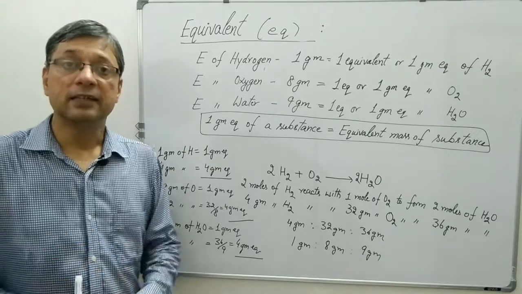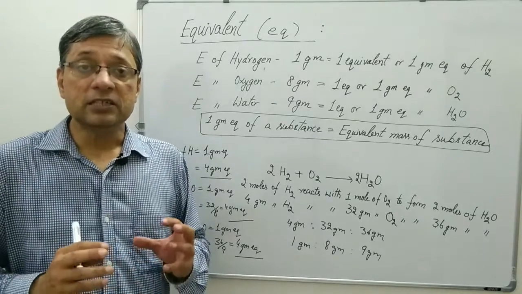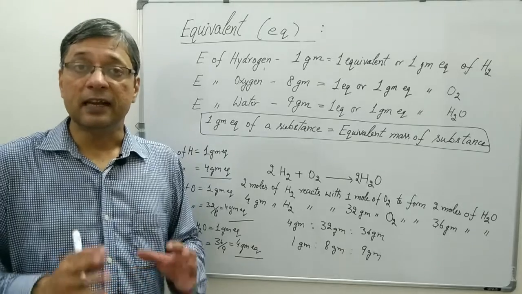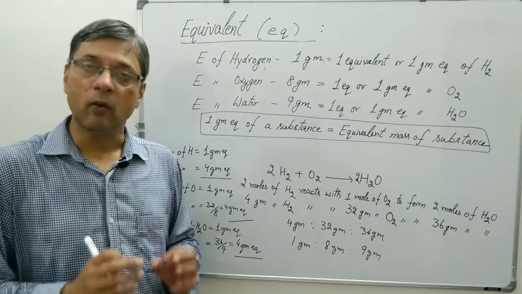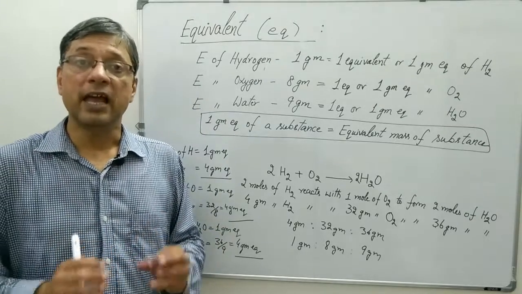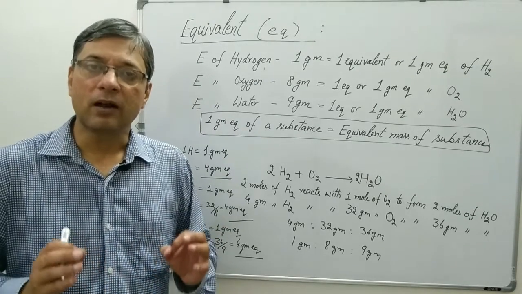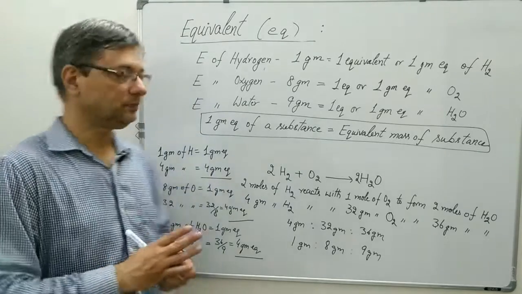It says that in a chemical reaction, each entity, whether it is a reactant or a product involved in the given chemical reaction, will have an equal number of gram equivalents.